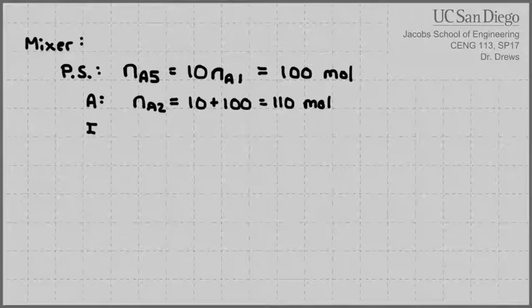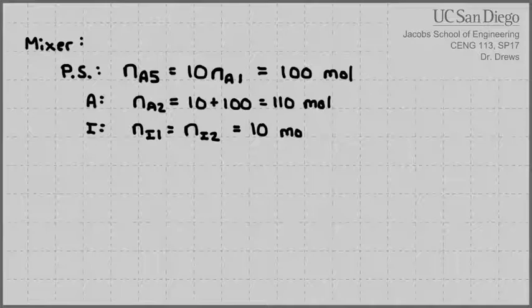And then if we do another balance on the inert, all we know about the inert is that the moles of inert in stream 1 have to be equal to the moles of inert in stream 2, because there is no inert in stream 5, which is going to be equal to 10. Right, so there's our information about our mixer.